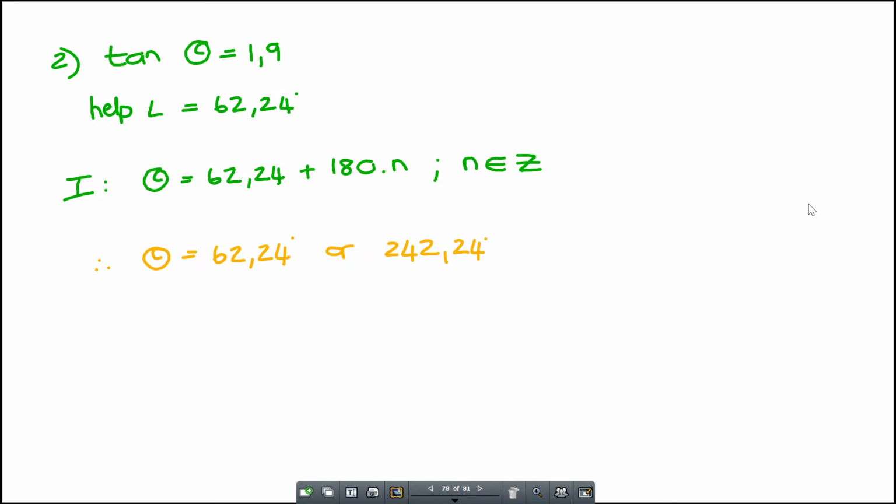Now that I have my reference angle, we go and look. Tan is positive 1,9. So where is tan positive? That will be in the first and in the third quadrant. But you will see I only do quadrant 1 because the period of a tan graph is only 180 degrees. So look here, here is 0, there's 90 and here's 180.